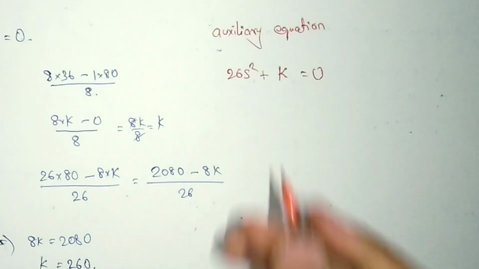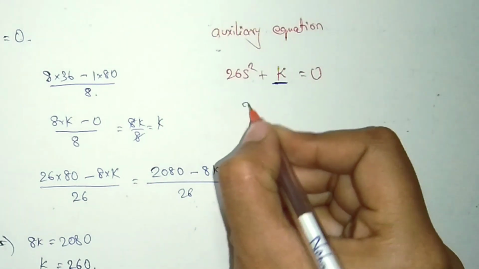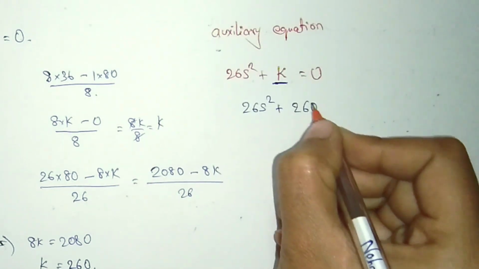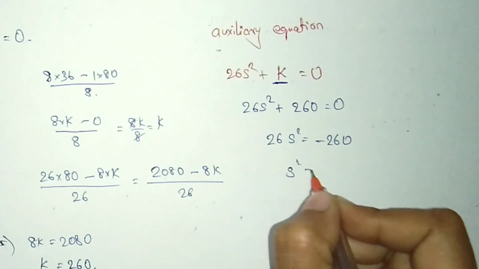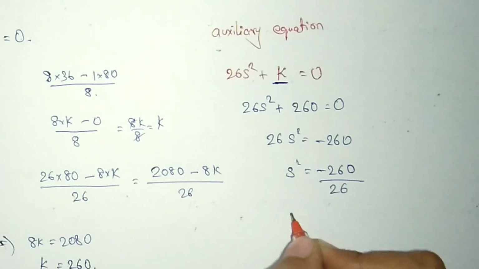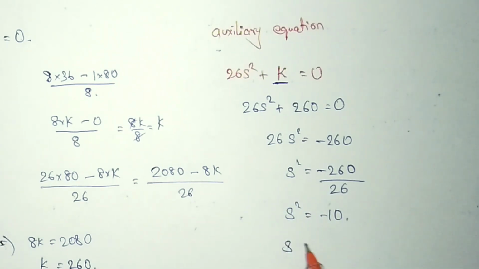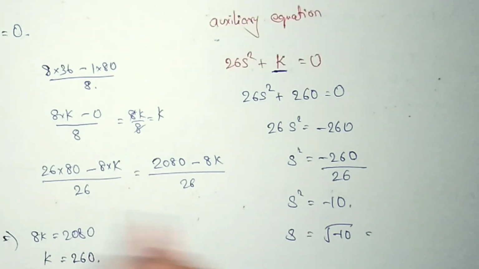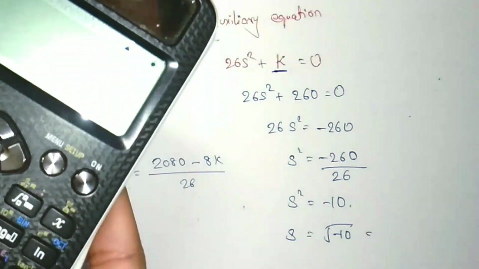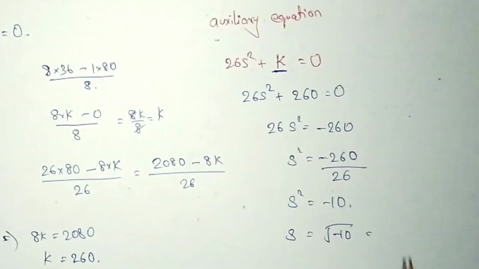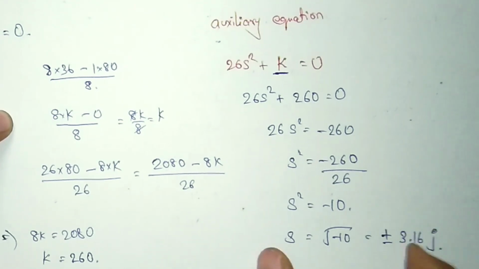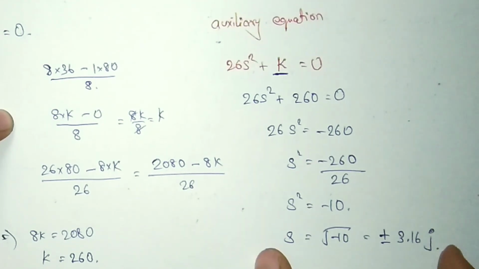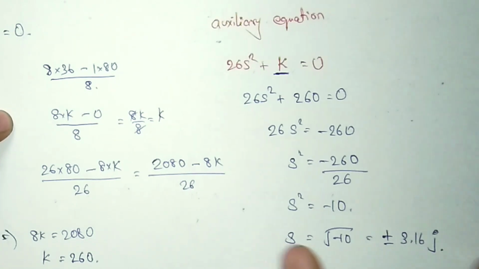Now we put the k value 260. This will turn into s square equal to minus 10, and the root of 10 is 3.16, so s is plus or minus 3.16j. This is the imaginary point on the imaginary axis which intersects with the curve.